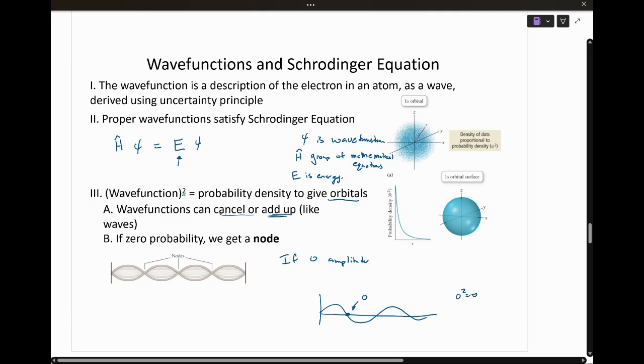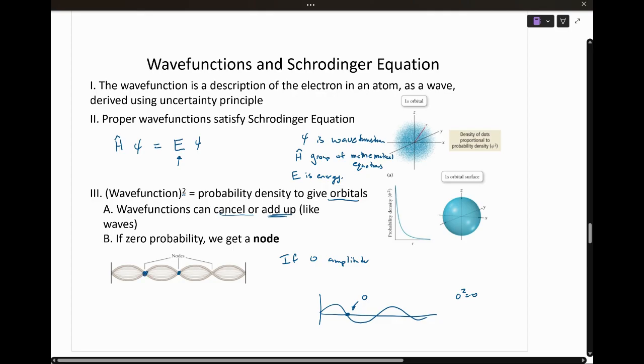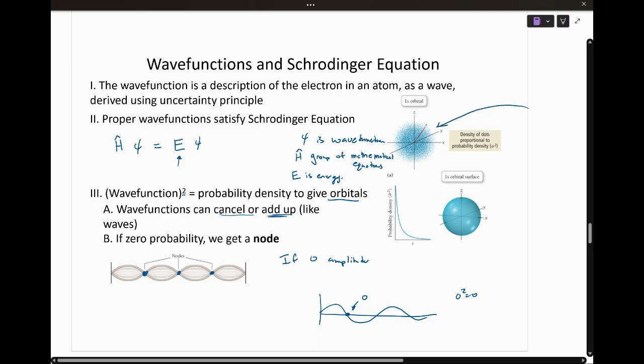All right, so when we determine these probability densities, anywhere that you had an amplitude of 0 for your wave function, we're going to get what we call a node. And that's going to be a position where we do not expect to see the electron. And that's going to become more important as we look at higher and higher energy wave functions. Okay?